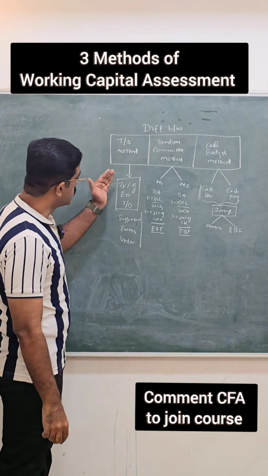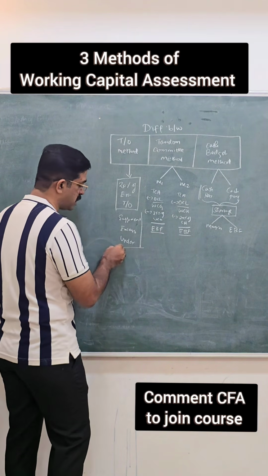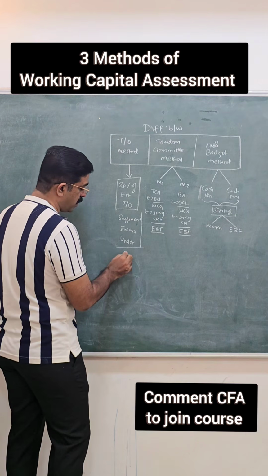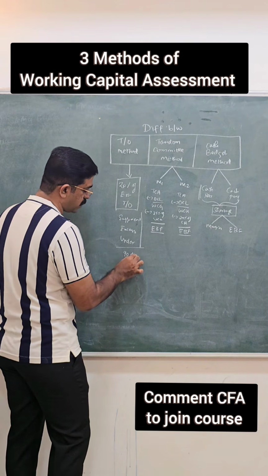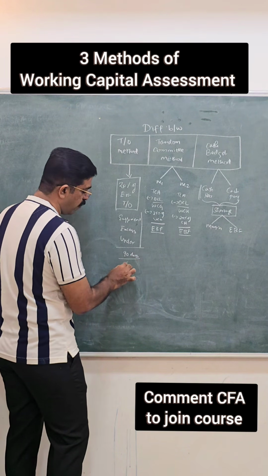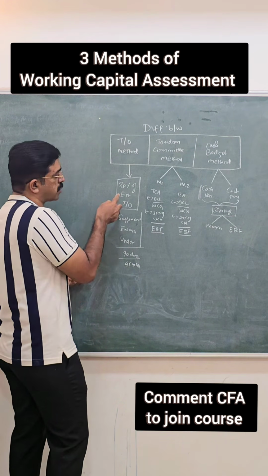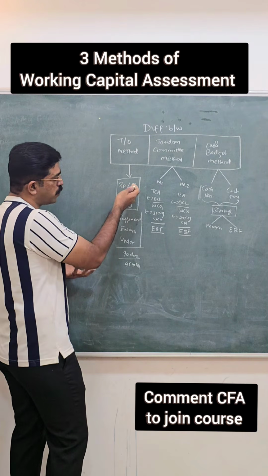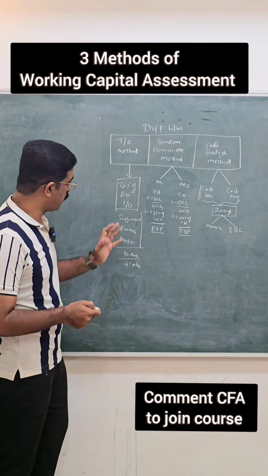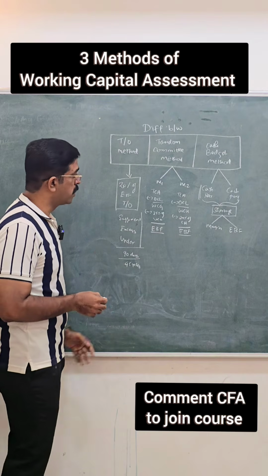This method operates on the premise that a business has a 90-day cycle. It means they will have 4 cycles in a year, and for supporting each cycle, they will require 20% of the turnover as the working capital finance. This is the assumption under the turnover method.